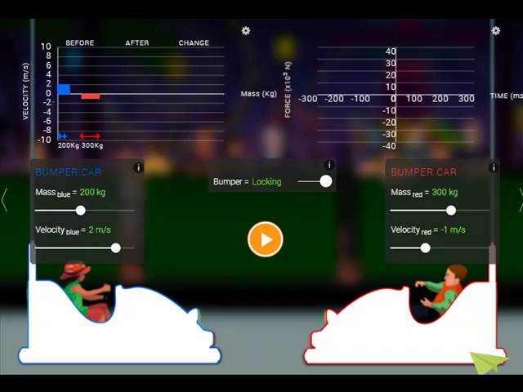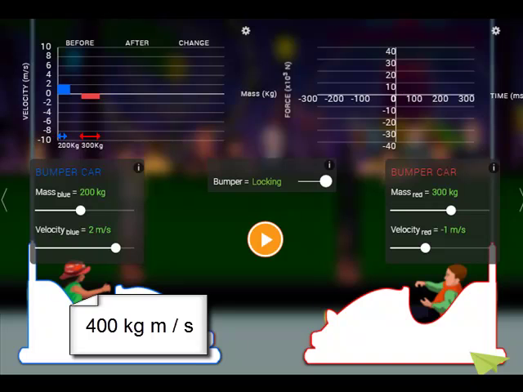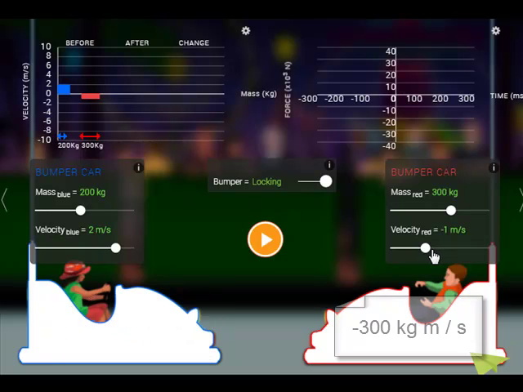Our blue rectangle has an area of 400 kilogram meters per second. The red rectangle is 300 kilograms wide, -1 meters per second high. So we have an area, or momentum, for the red car of -300 kilogram meters per second.